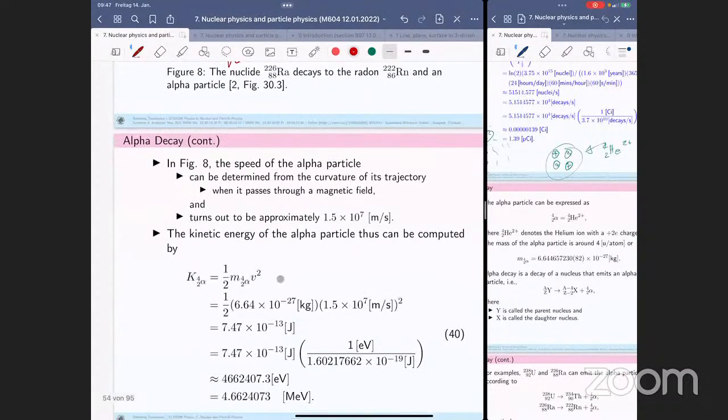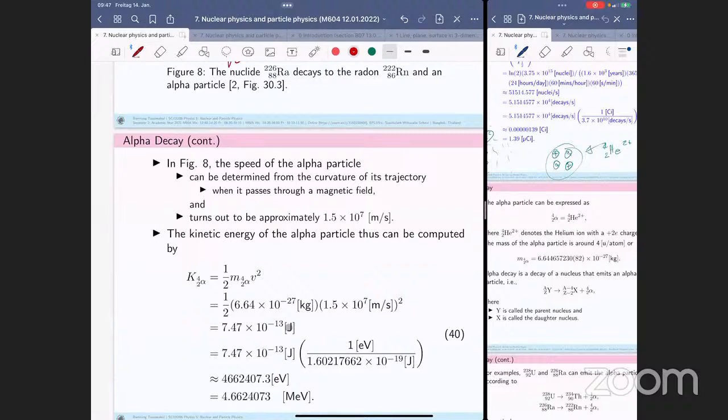You take the square in the kinetic energy expression, E equals 1/2 mv², and you get 7.47 times 10 to the negative 13 joule. It's a very, very tiny amount, actually, so it's not considerable at our human scale, right?